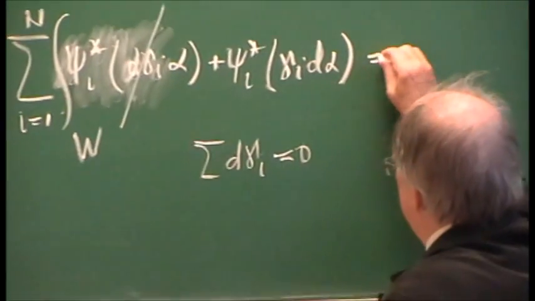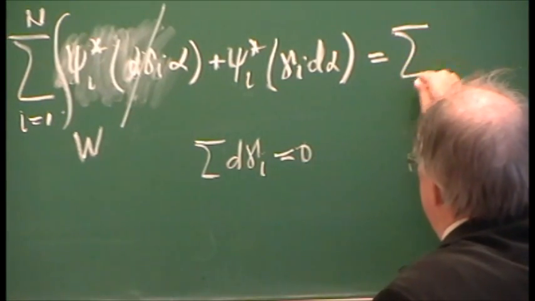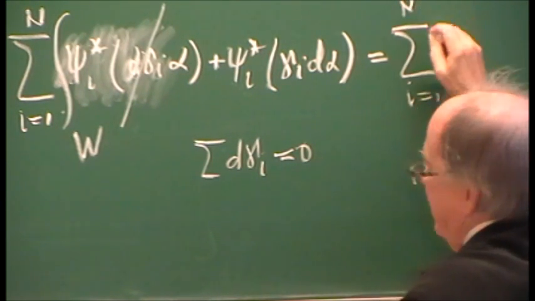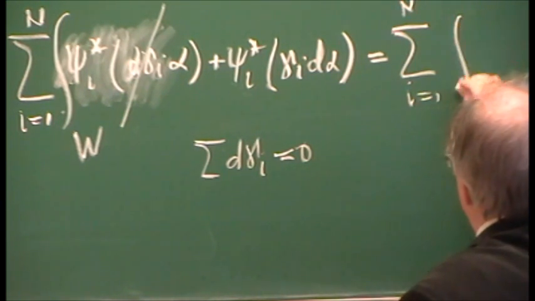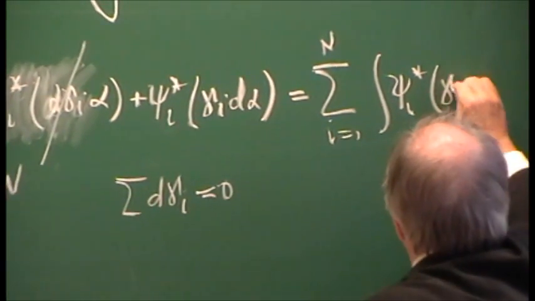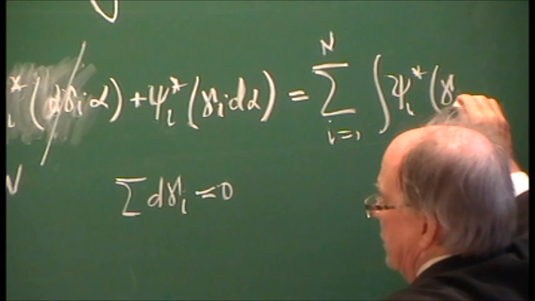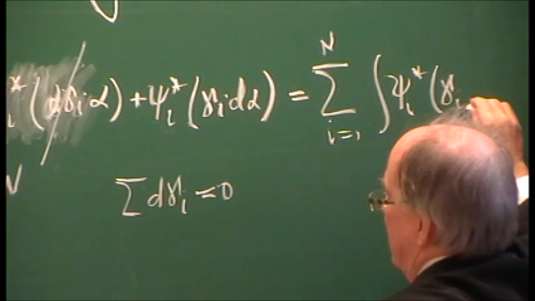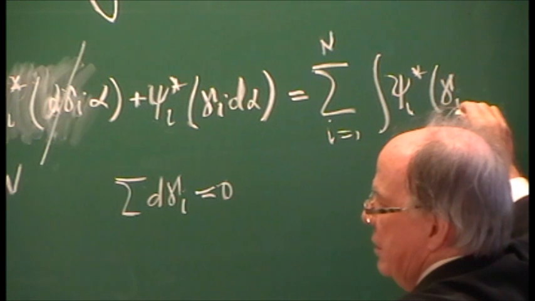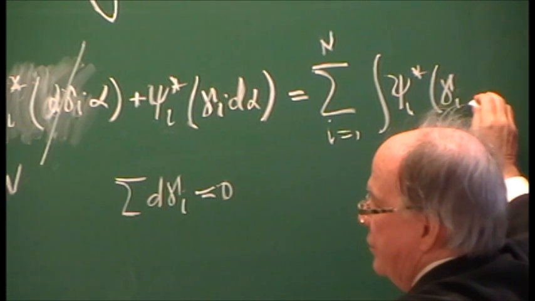So let me just write it out again. This is the sum over I equals 1 to n of the integral of this orientation preserving guy, partition of unity. What am I doing here?